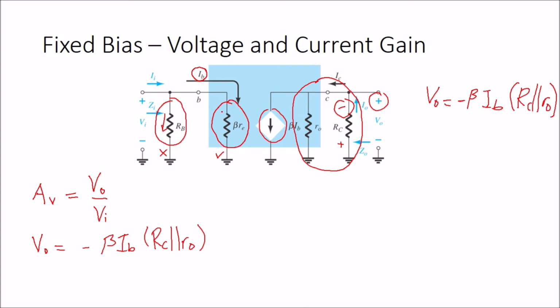So this is positive, this is minus, so the polarity between V in and the voltage here is the same, so it should be positive. So here we will have IB times beta RE.